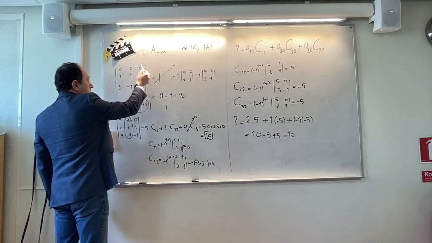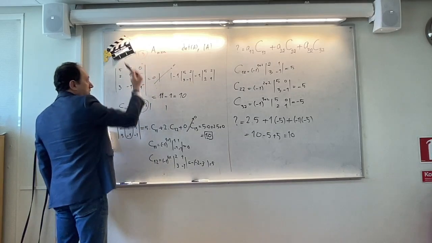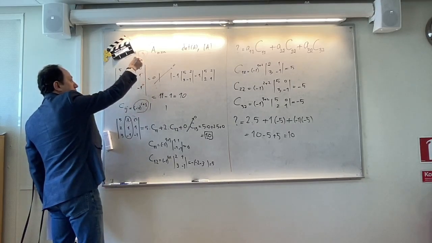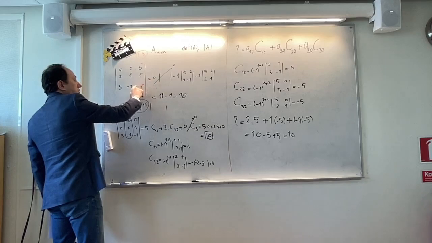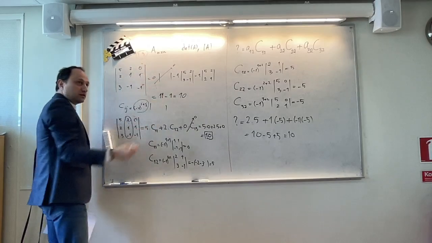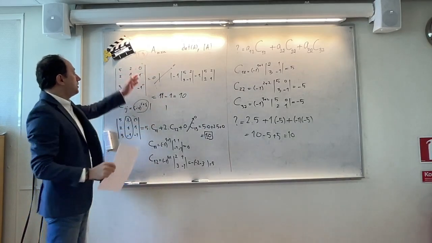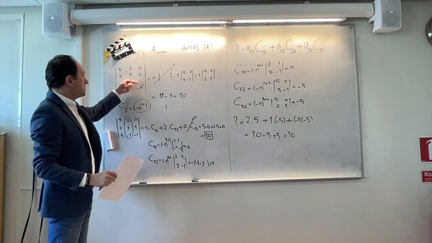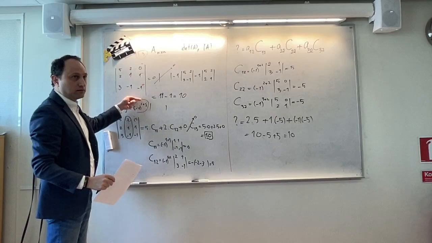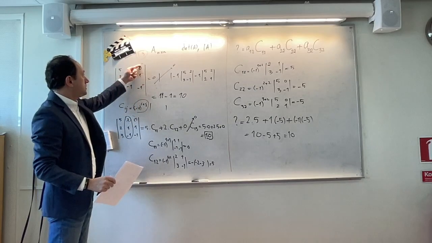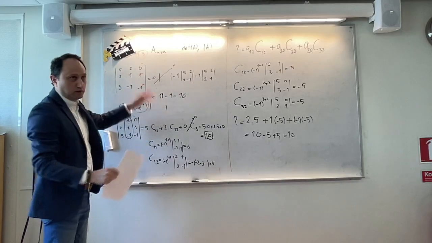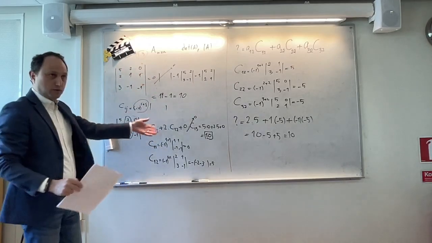So I assign a plus sign in written form or in my head, but as soon as I find one of them, it is clear that when I go down or left or right, this will change alternatingly. Because if I go down, I am keeping J the same, the column the same, but I am increasing I once at a time. So this means that if this is even, the next one is odd, the next one is even again, etc.